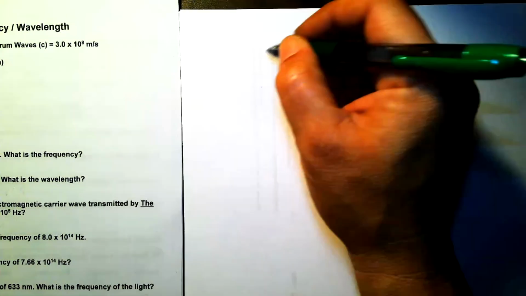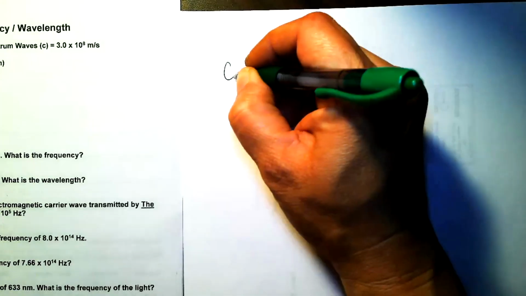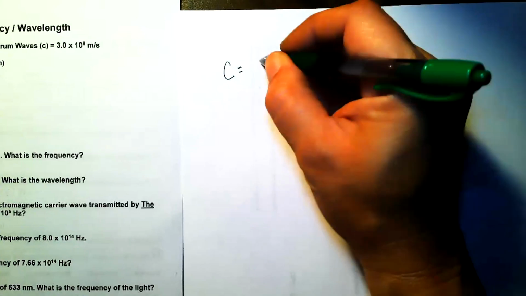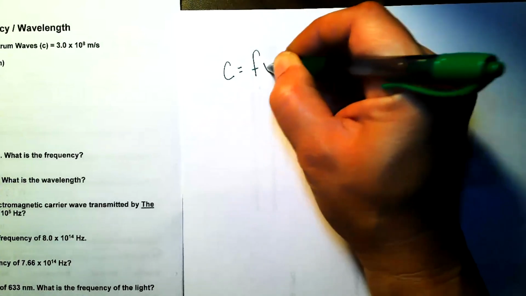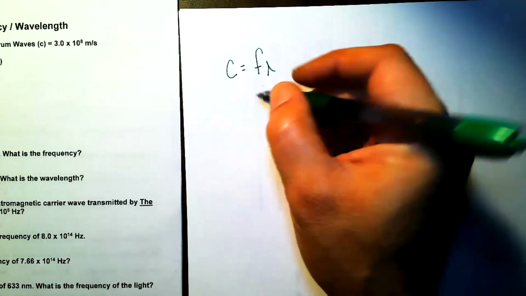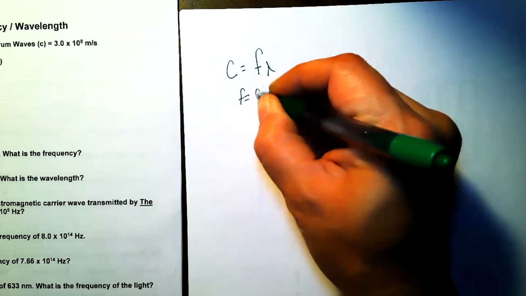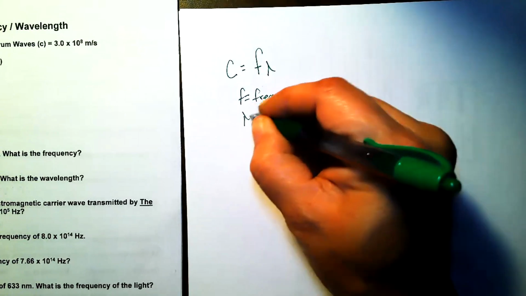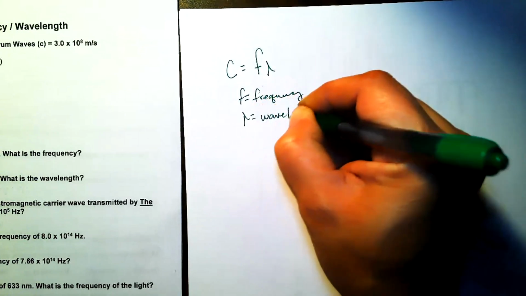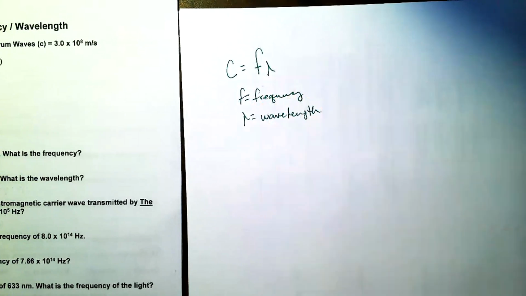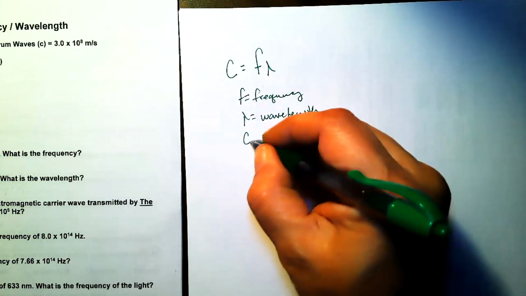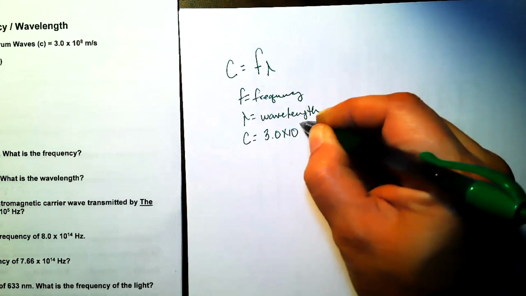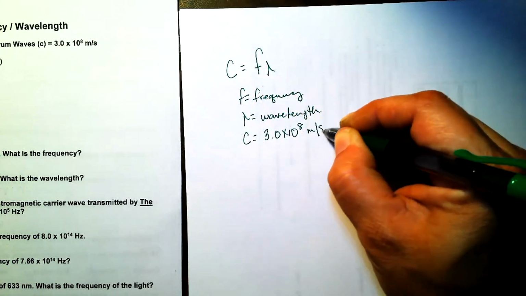The first one looks at the relationship between frequency and wavelength. If we take the frequency of a wave and multiply it times the wavelength, we get the speed of light. The speed of light is a constant equal to 3.0 times 10 to the 8th meters per second.